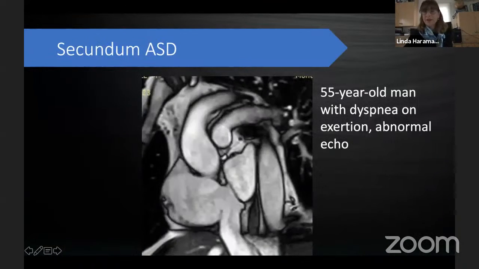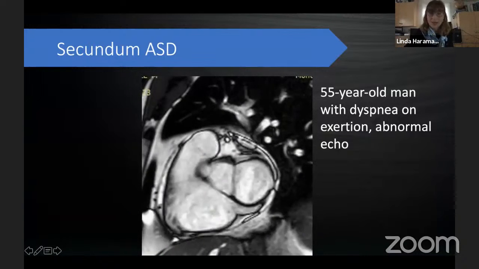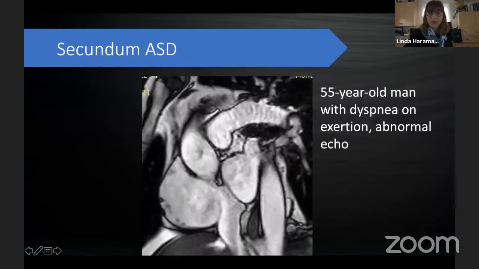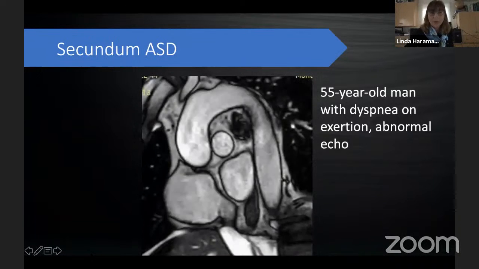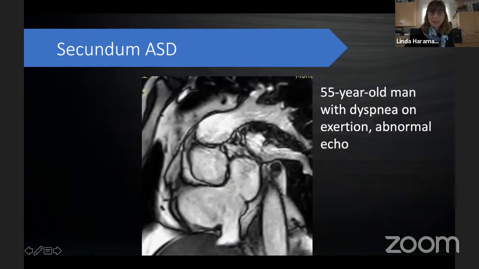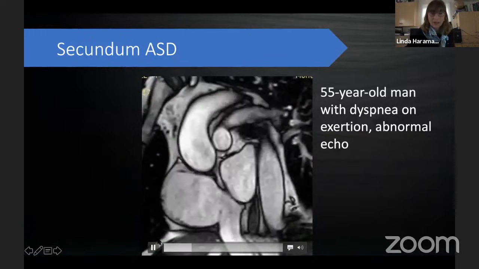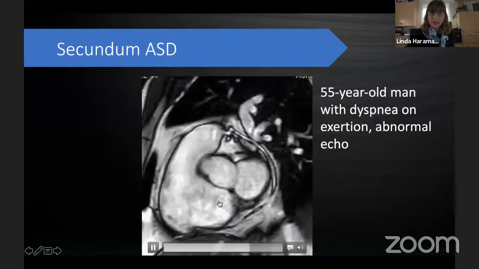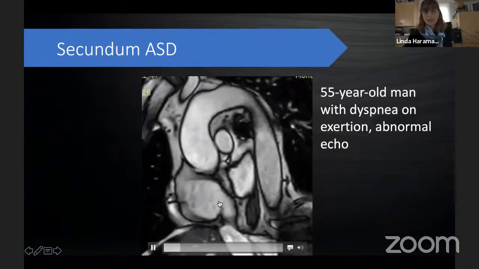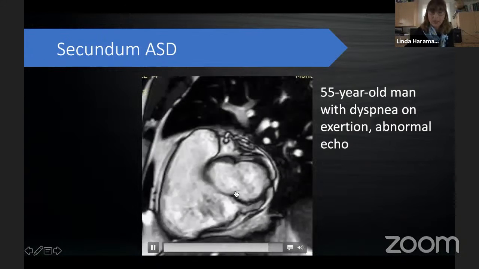Here we have a 55-year-old man who developed dyspnea on exertion. He underwent an echo at that time. So this is also an adult diagnosis, which showed right-sided cardiac chamber enlargement and suspected an ASD. He underwent MRI, and on this MRI, this is a short axis through the interatrial septum, and we can appreciate the secundum ASD.